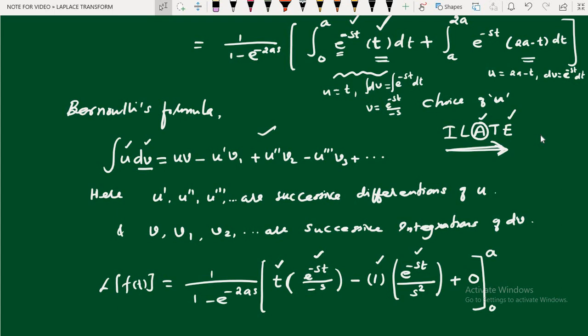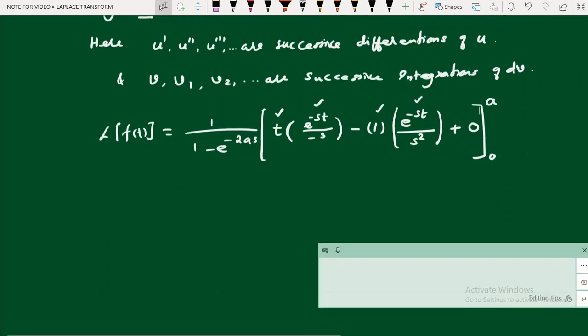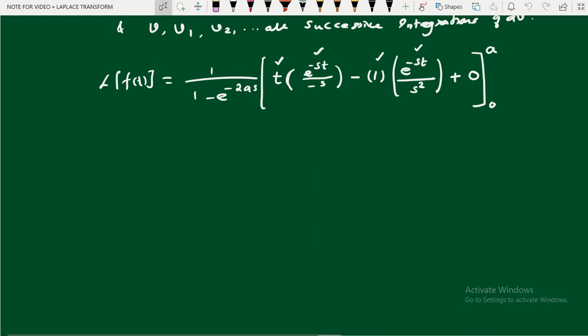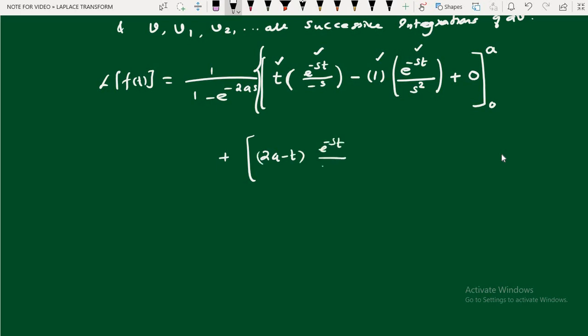Just replace t here as 2a minus t in the next integral. So you can get plus, I will take here u value 2a minus t into integration of e power minus st, which is e power minus st divided by minus s.